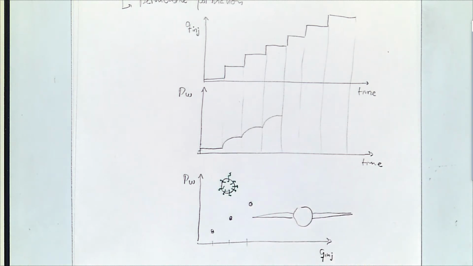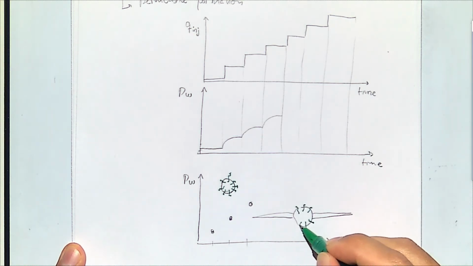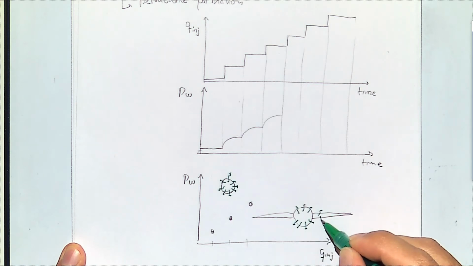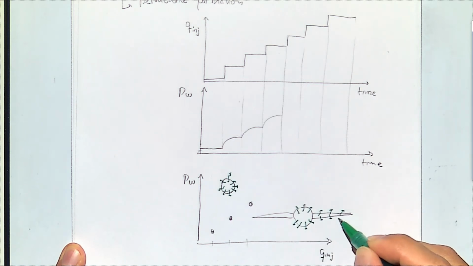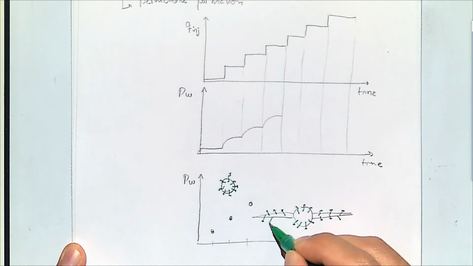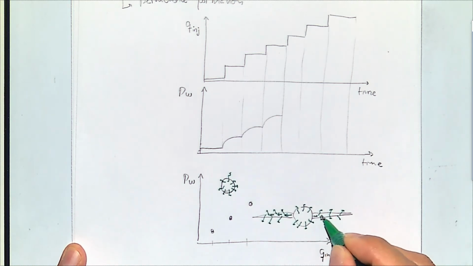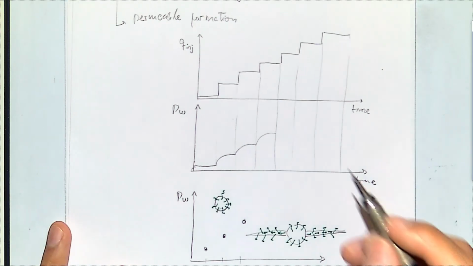What do you think is going to happen with the pressure increase when you increase the rate? Now if it fractures, the fluid is going to be also getting out from the fracture into the rock, and fluid is also going to go through the fracture. So let me repeat my question.